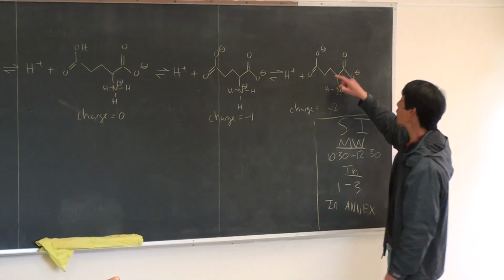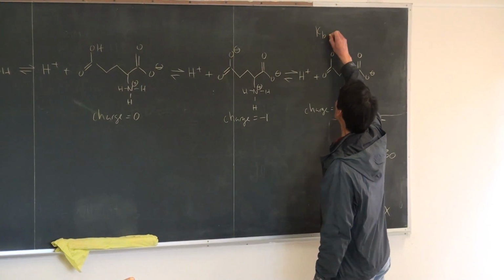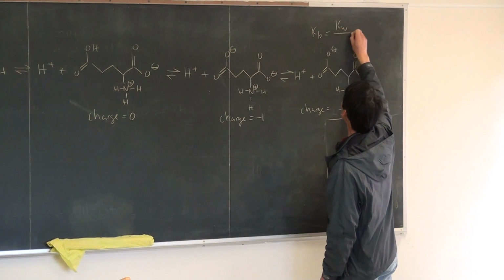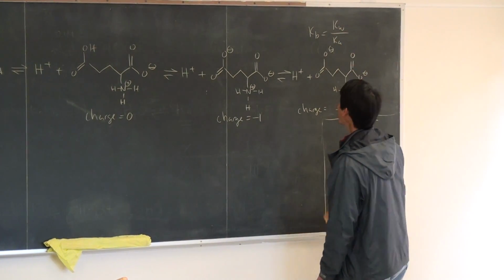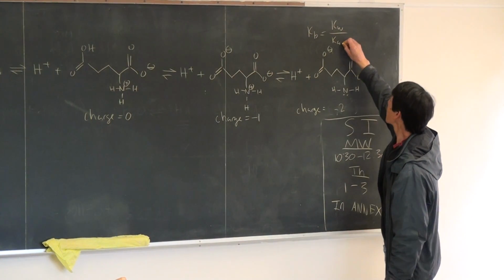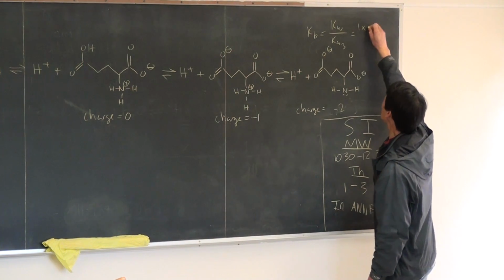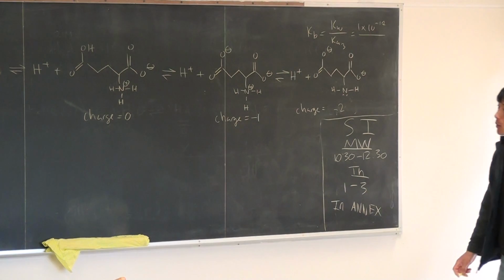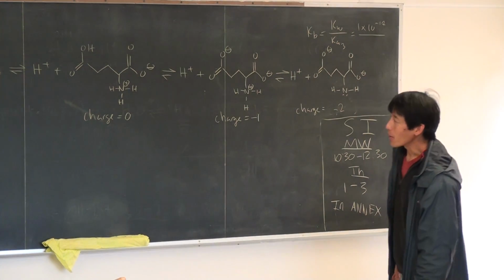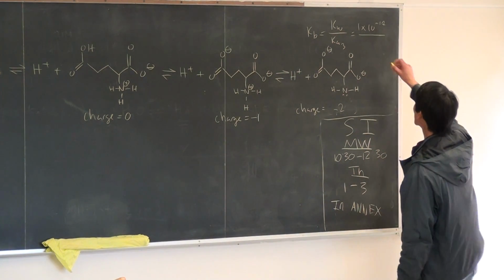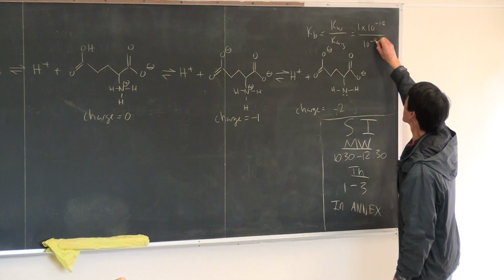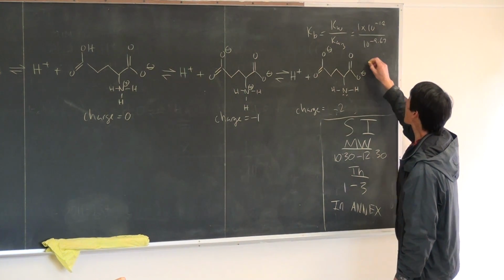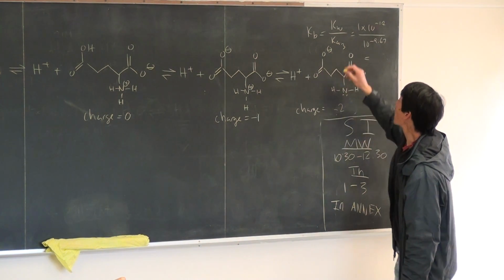Okay, so Kb for this one is going to be Kw divided by Ka3. So that's equal to 1 times 10 to the minus 14 divided by Ka3, which is 10 to the minus 9.67 power. So when you do that calculation, we'll call it Kb3.